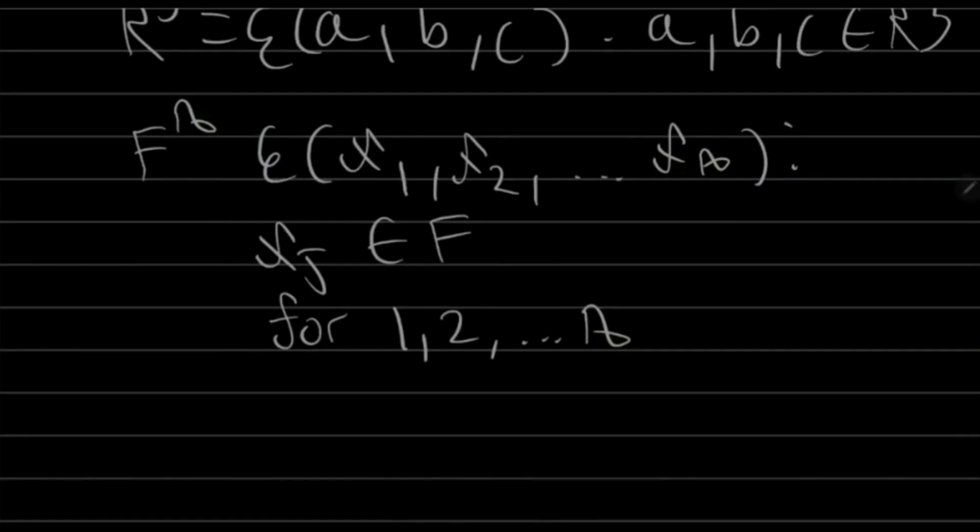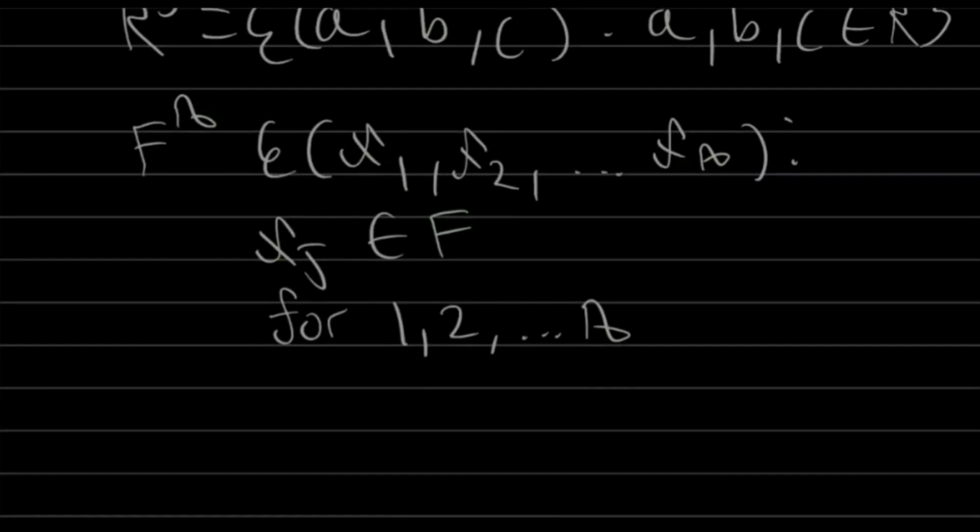So an element in the vector space Fn is a list with n elements, where each element is either a real or complex scalar value.